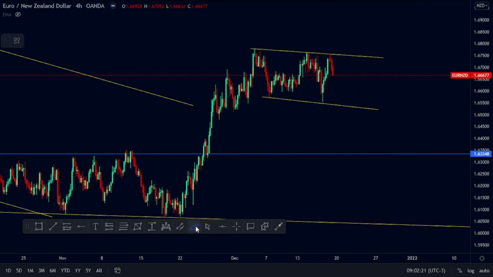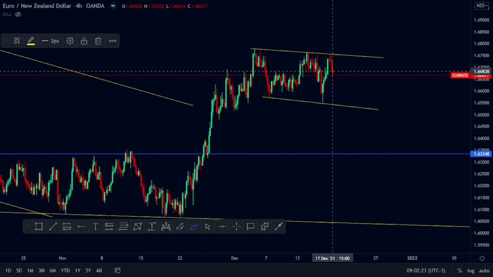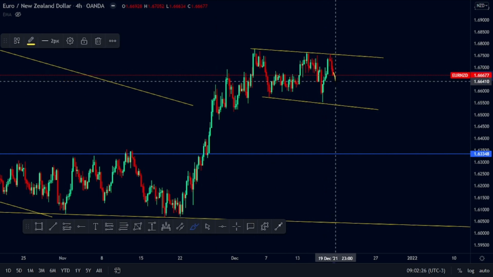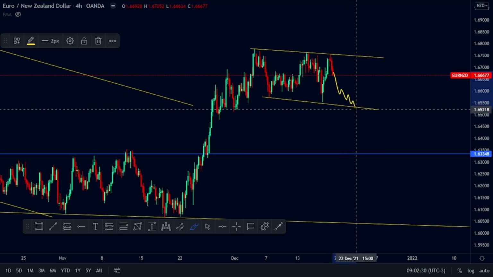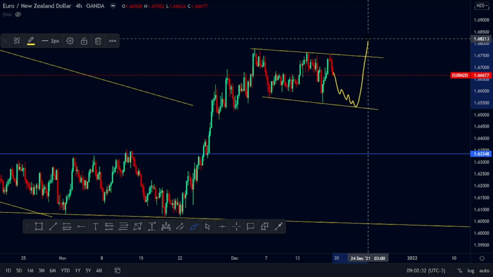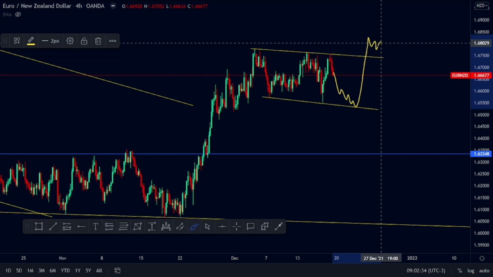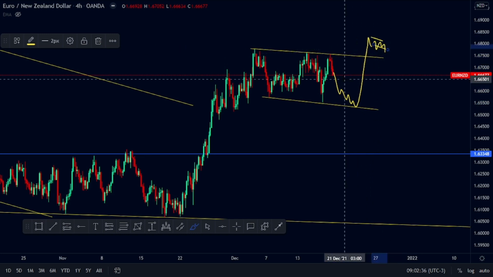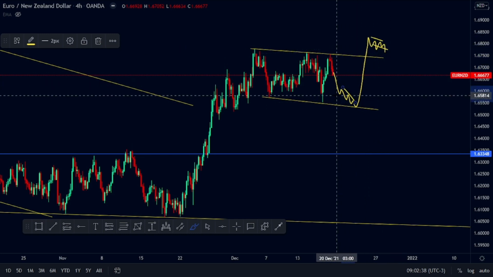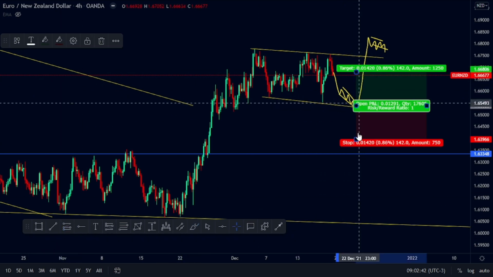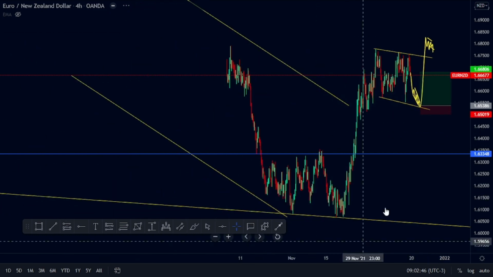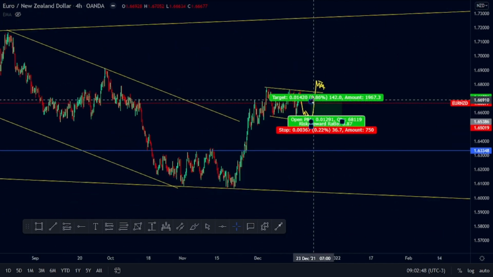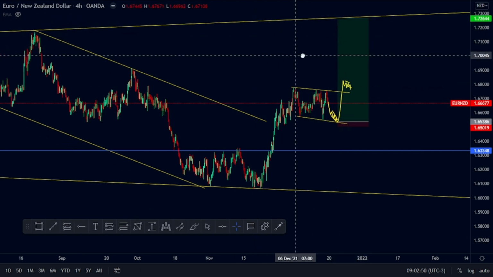We want to see price falling towards the trend line here in this manner, giving us a high risk entry, or you can wait for a push up and a correction after breakout for the second entry towards the upside. So I'm going to look for a high risk entry at this level here, at the dead top there. High risk entry, stop loss below 35 pips, and we're looking to take it towards the trend line there.